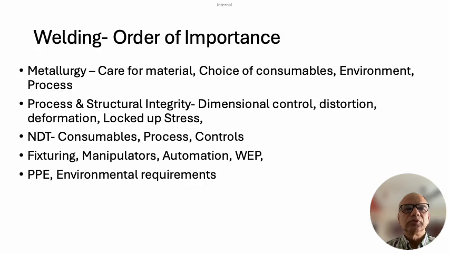Now let us come to what is the order of importance. I am sure that those who are going to look at this slide for the first time are going to jump on me and say that PPE, environment requirements, and safety requirements are coming last in the order of importance. The assumption here is that the bare minimum requirements for safety, environment, and PPE are already taken care of.